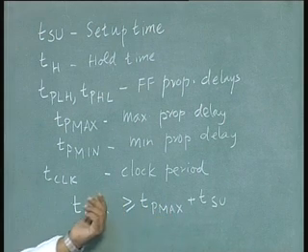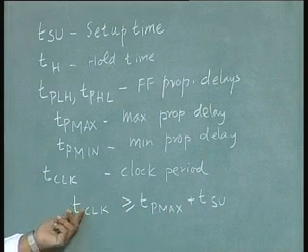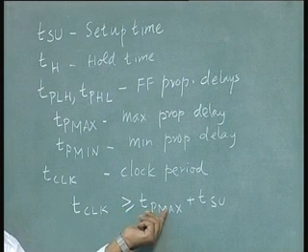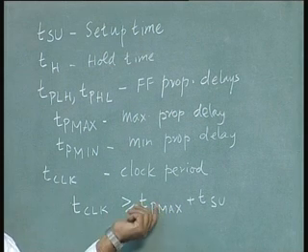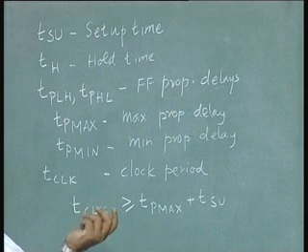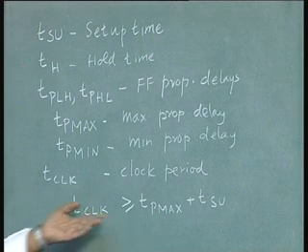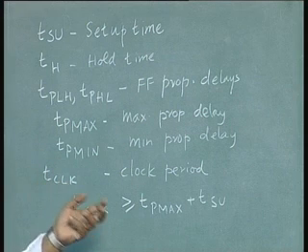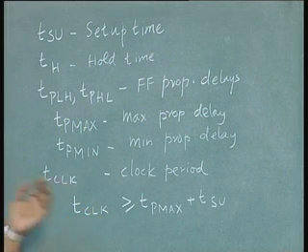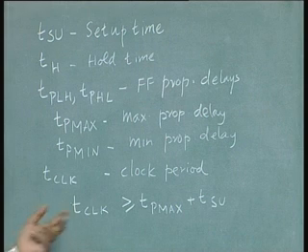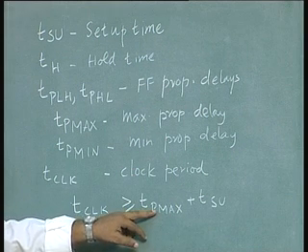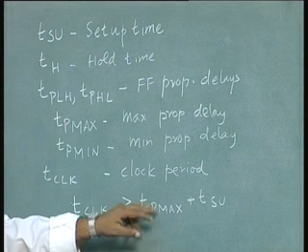Naturally we can get the clock period in terms of setup time and hold time, but I am deliberately introducing TP max because sometimes, when you use a flip flop in a feedback mode, the output of the flip flop is fed back as input to the same flip flop or some other flip flop. If the propagation delay is very small, because there is a maximum value, there can be a minimum value, there can be a typical value, these values may be smaller.